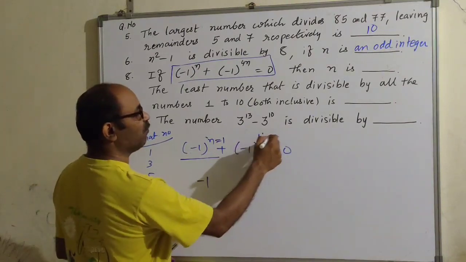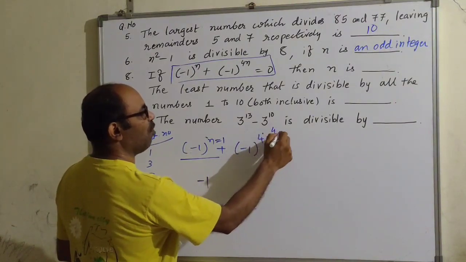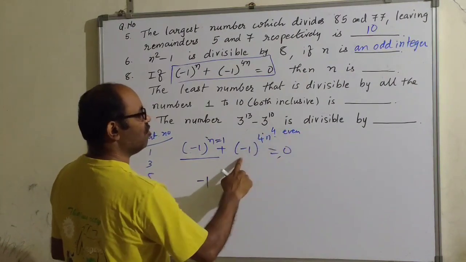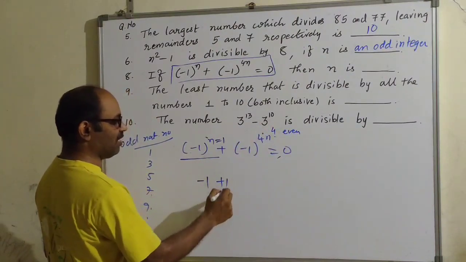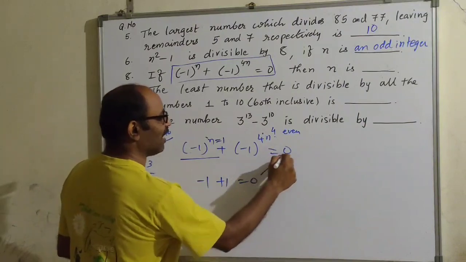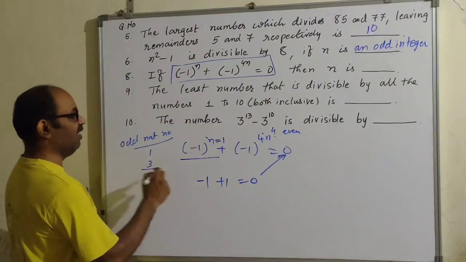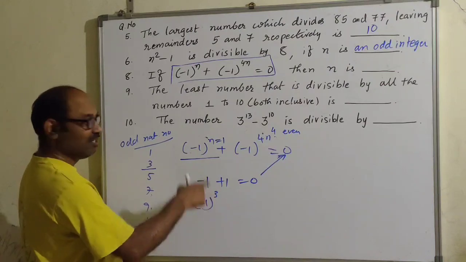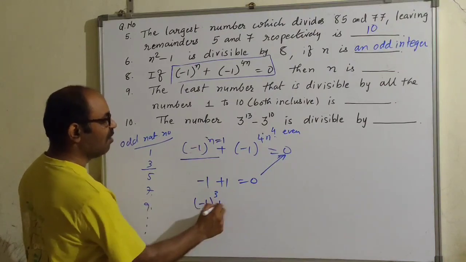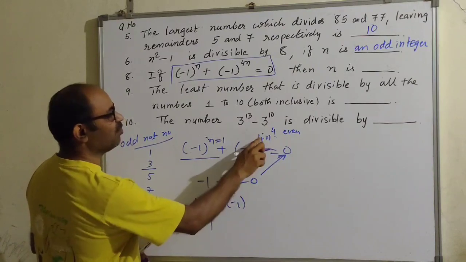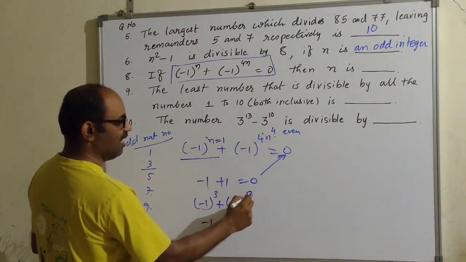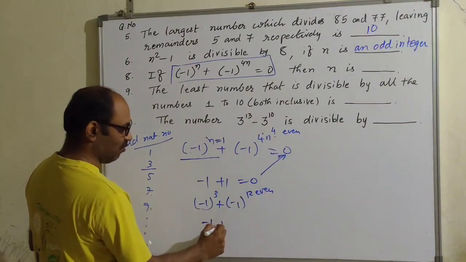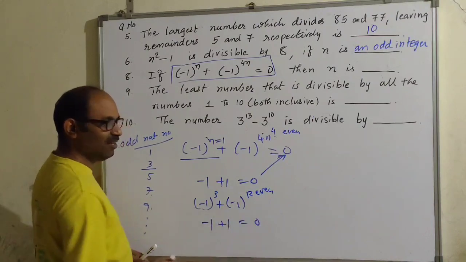Take 1. 4 ones are 4, and that is even. So the value of minus 1 raised to 4 will be plus 1 and you are getting 0. Correct. Now take 3. Minus 1 raised to 3, the index is odd, so its value is going to be minus 1, plus minus 1 raised to 4 into 3, 12. Index is even, so the answer would be plus 1 and that gives you 0.